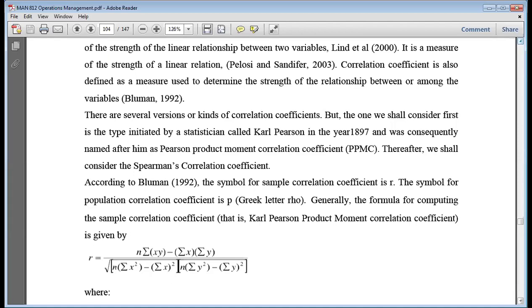But when it's 0.5 up, it means that the relationship is strong. But when it is maybe 0.89 something, it has a stronger relationship. But when it's from 0.43 down, it has a weak relationship. Don't worry, when we are solving, you will understand me. I want to explain before we go further.